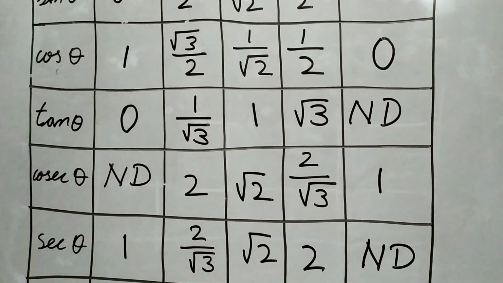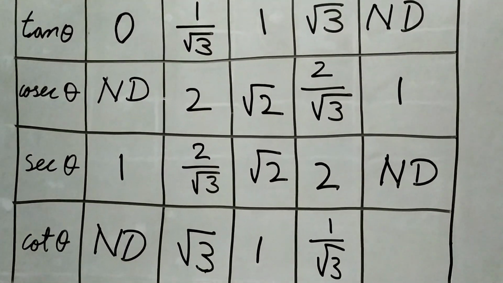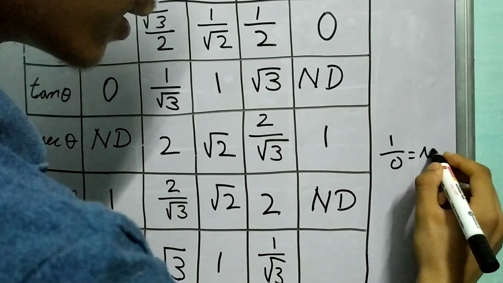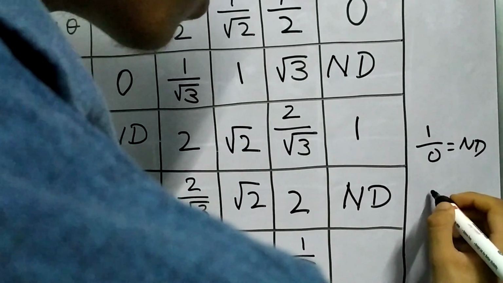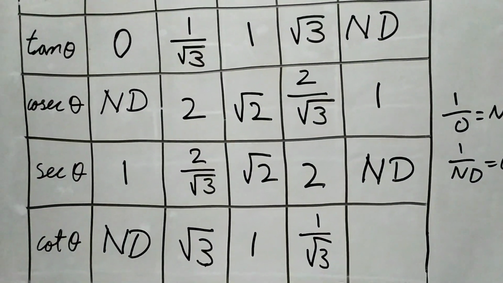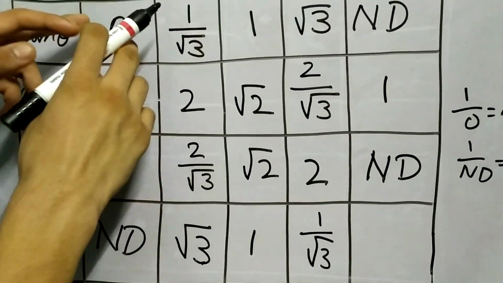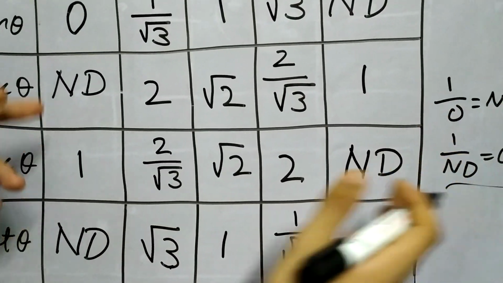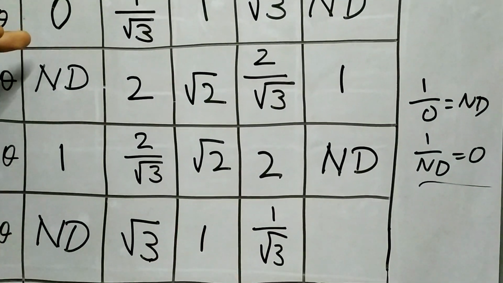Now what is 1 by not defined? Interesting, right? So if we define 1 by 0 as not defined, then we can say that 1 by not defined is equal to 0. Can we say? It turns out we can, and if this doesn't go well, then we can use our cofunction properties, right?